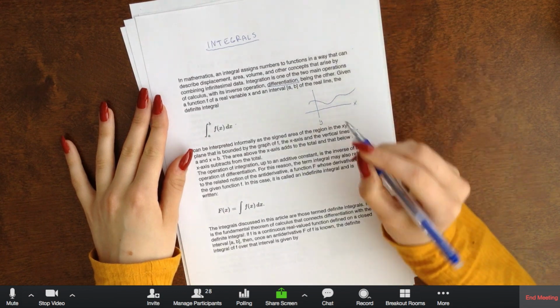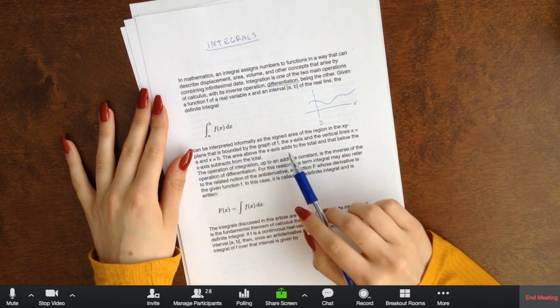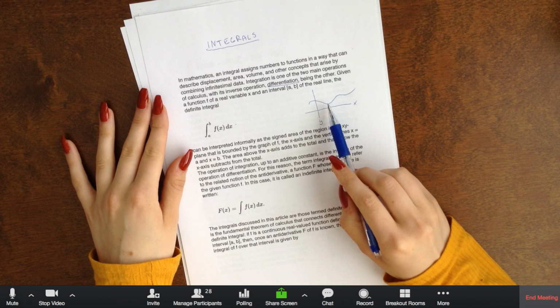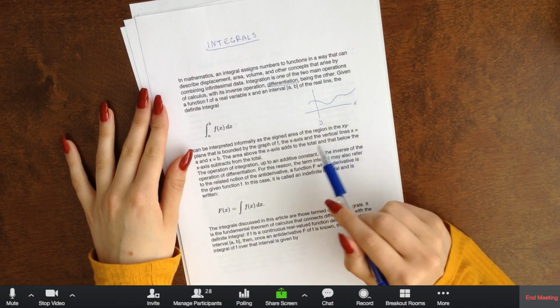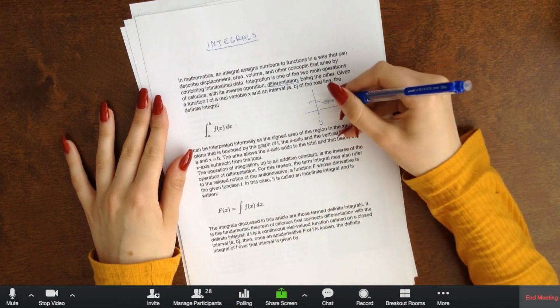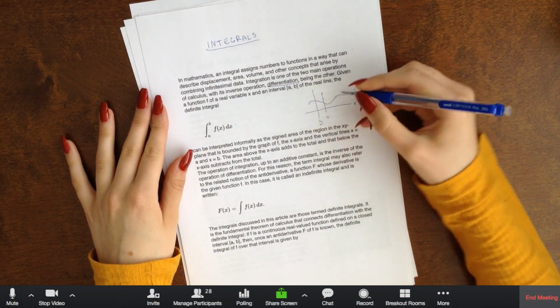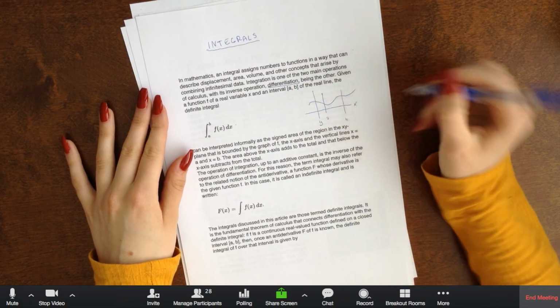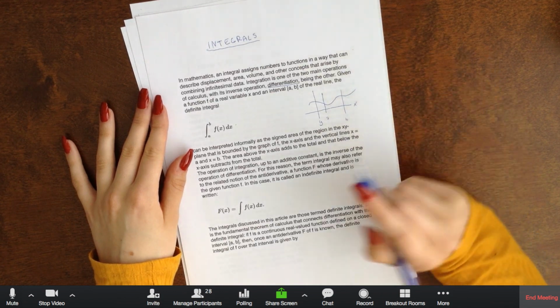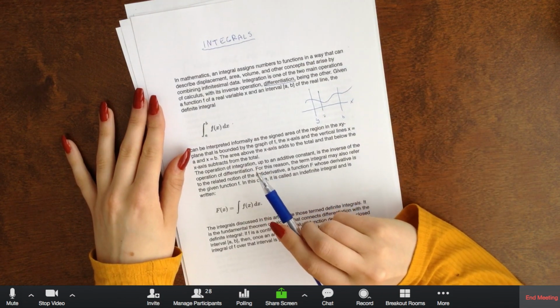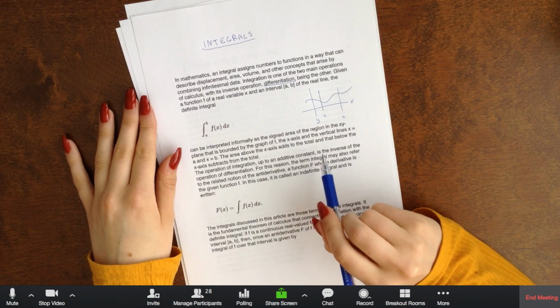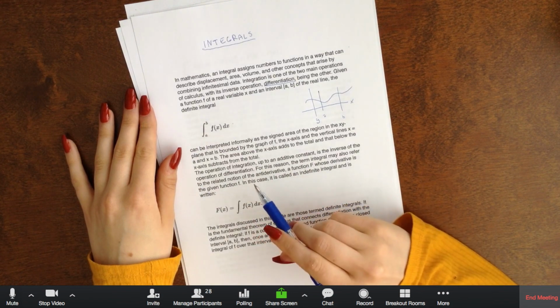So it is bounded by the graph of f, the x-axis, and vertical lines x equals a and x equals b, just like so. The area above the x-axis adds to the total, and that below the x-axis subtracts from the total.